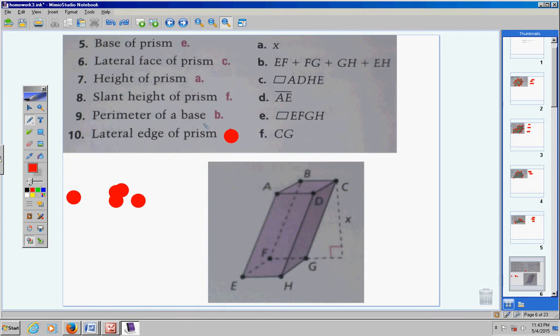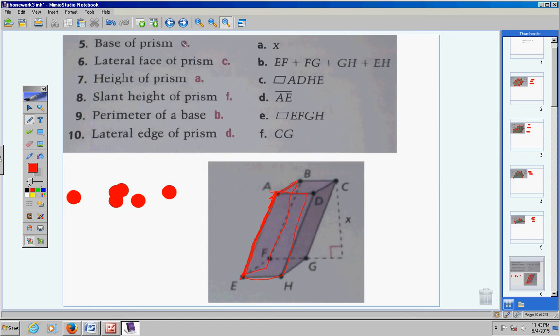So it's obviously going to be letter D, because letter D is AE, which is right here. This is a lateral edge because it's an intersection of this lateral face right here and this lateral face right over here. They intersect right there, and that would be a lateral edge.